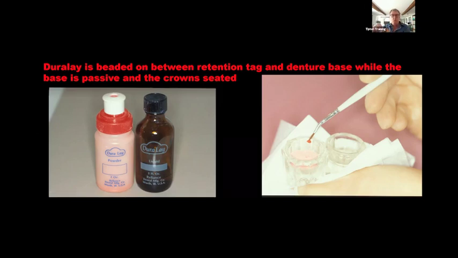Come back, wash in the liquid, dry on the tissue, make it come to a nice thin point again. Now back into the liquid, into the powder, pick up a ball, go to the mouth, deposit the ball. Come back and use that routine all the time. If you don't use that routine, you won't have the best handling that you can with the Duralay. And you'll get excess Duralay, it'll start to set on your brush and it becomes a nightmare. So it has to be that set routine.